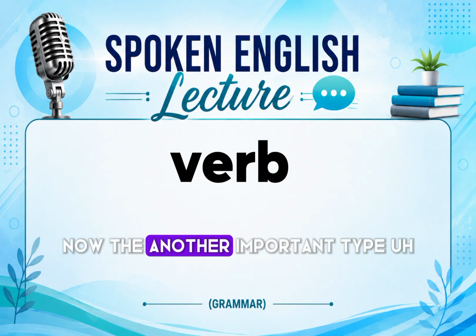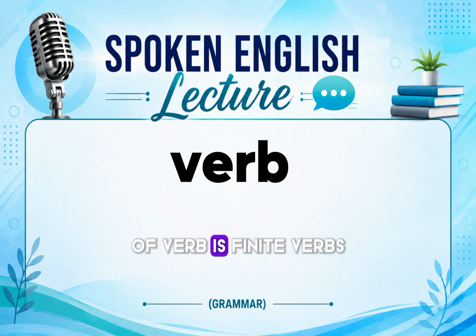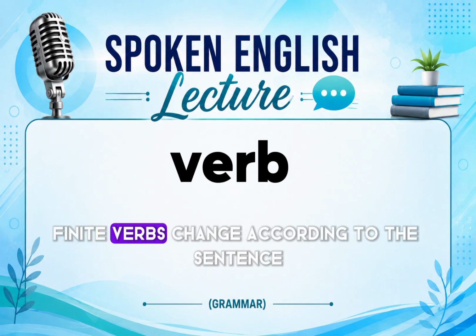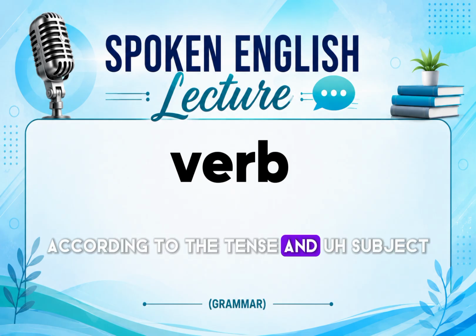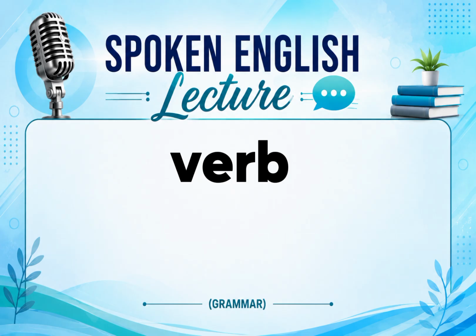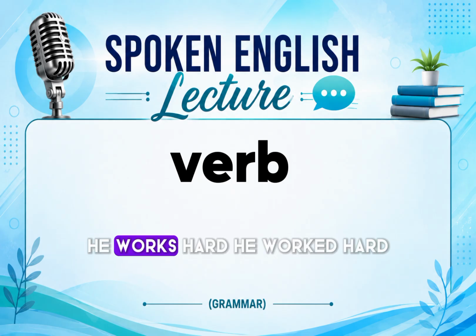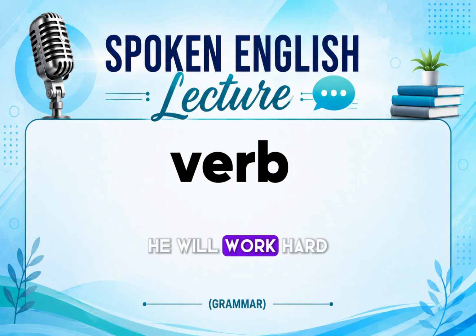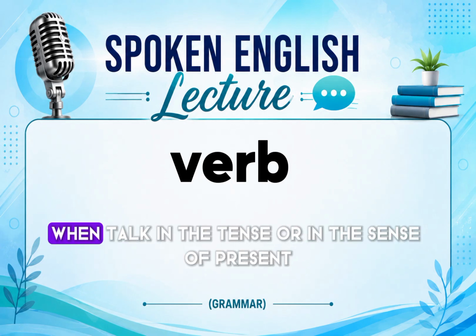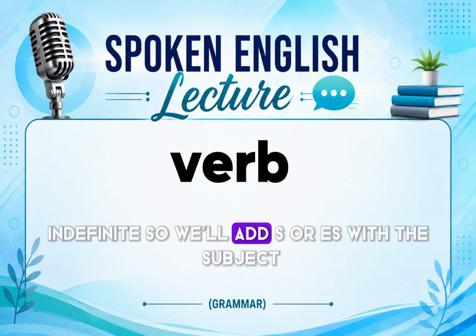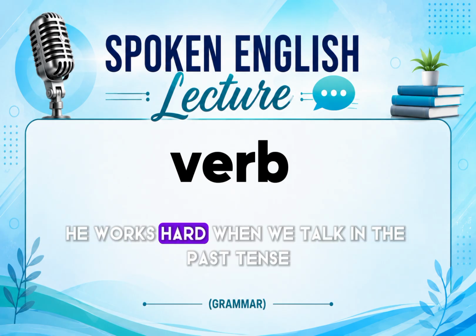Now another important type of verb is finite verbs. Finite verbs change according to the tense and subject. For example, he works hard, he worked hard, he will work hard. When we talk in the sense of present indefinite, we add s or es with the subject. He works hard.